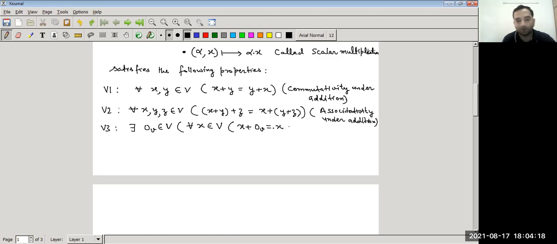We only write x plus 0V equal to x. So this is the existence of additive identity.